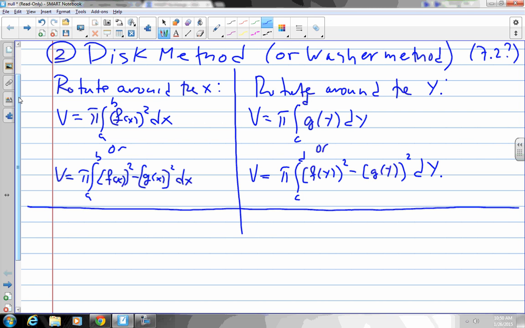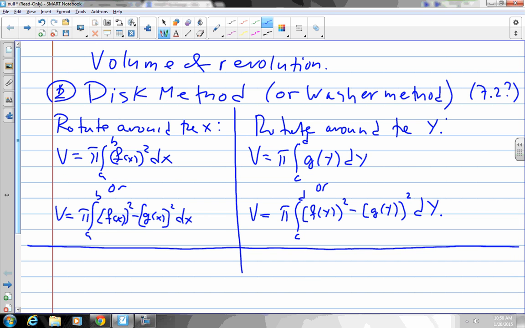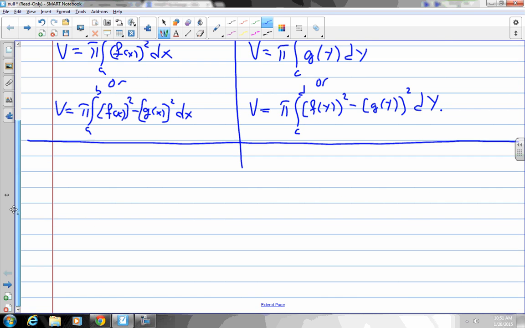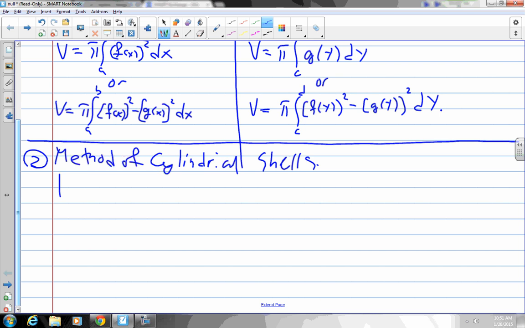Good? Okay. Then, that was the one I called one, now the second method we discovered at the end of Friday was the method of cylindrical shells. So the formula there was if we rotate around the x again, we'll actually get a dy integral.